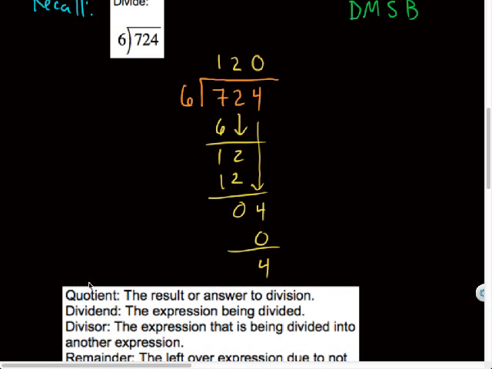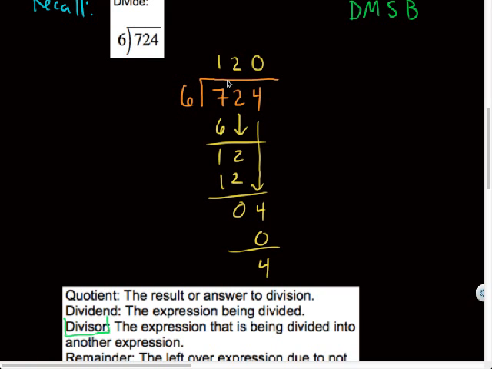The dividend, whoa, settle down there, computer. The dividend, it says, is the expression being divided. What part was the dividend in this? Well, the 724 was the part that was being divided. 6 was going into 724, right? Okay, so that's the dividend. The divisor is the 6. That's the expression that is being divided into another expression.